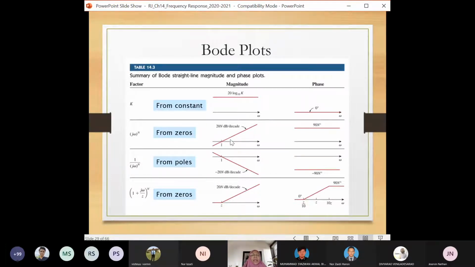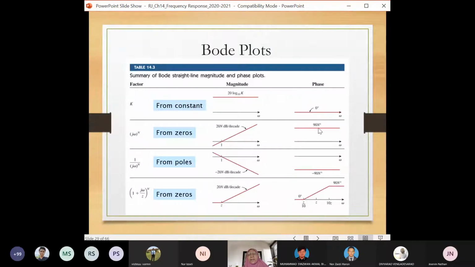So you will get a slope of 20 dB, with the y-axis scale in dB units. So you will get 20 dB per decade for the zeros part.